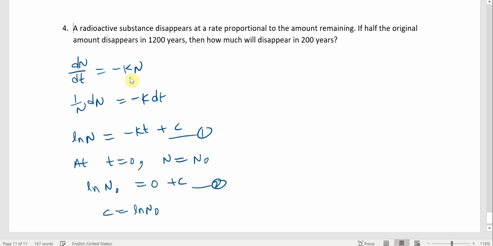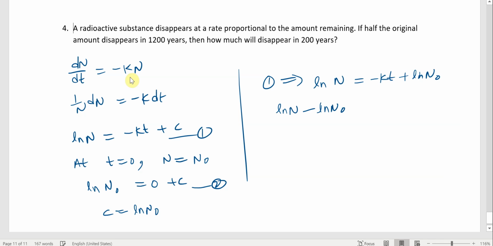Let us write this here. So equation 1 will become ln n equals minus kt plus ln n naught. Ln n minus ln n naught equals minus kt. So at time t, equals n, how much? Again it's the step 2 always.